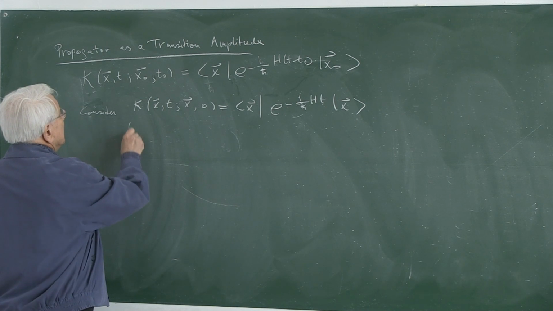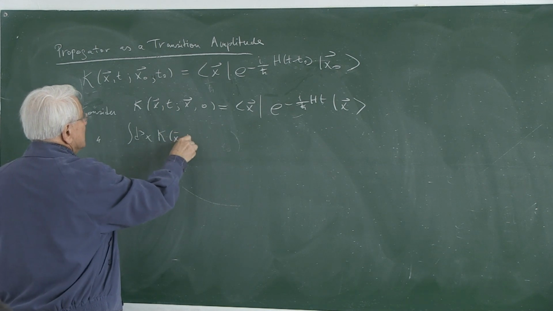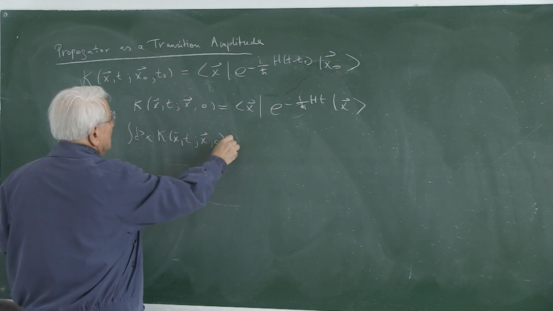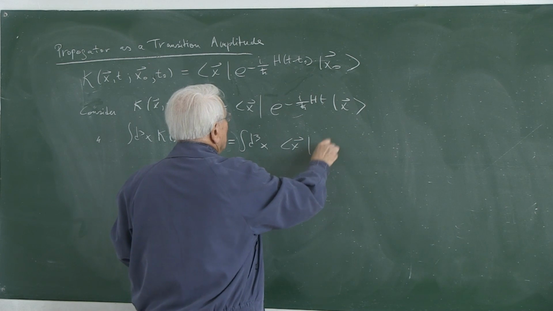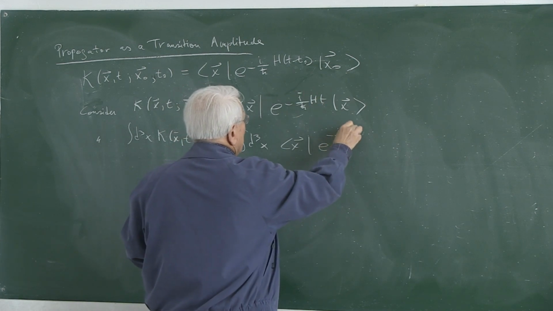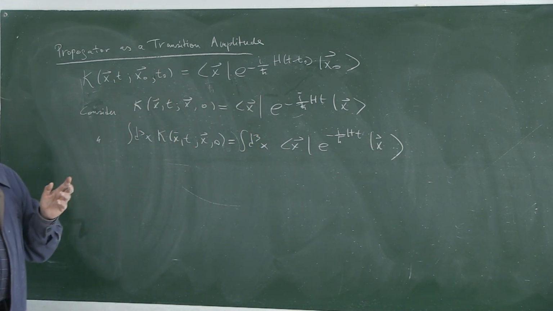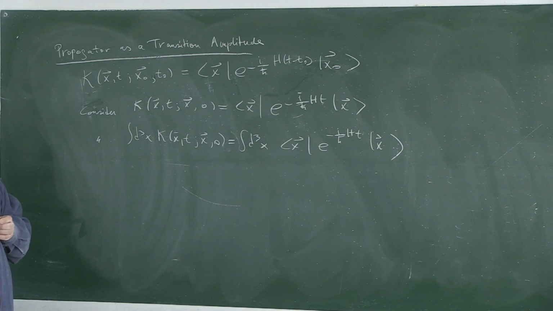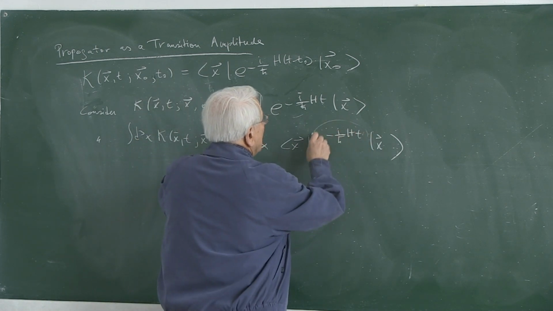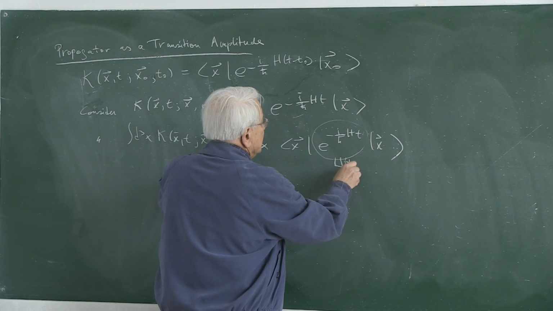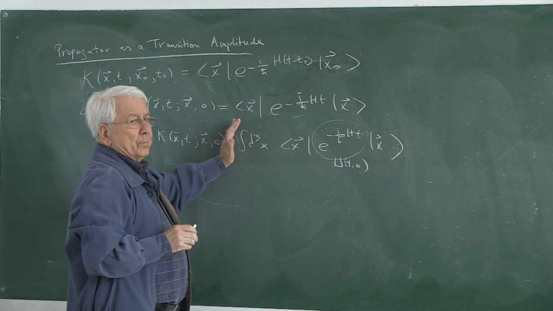If I now consider the integral of this, consider K(x t, x0) and the integral d cubed x, x e to the minus i over h bar H t x. Let's try to understand the mathematical meaning of the right-hand side. When you are given an expression of this sort, there's an operator which you recognize as U(t, t0), the time evolution operator, which is important. You sandwich it between x's and sum.